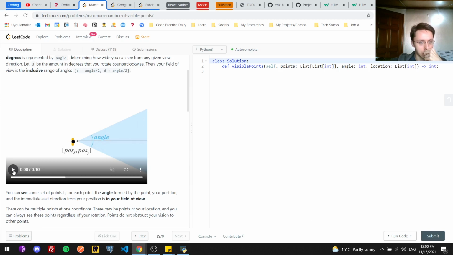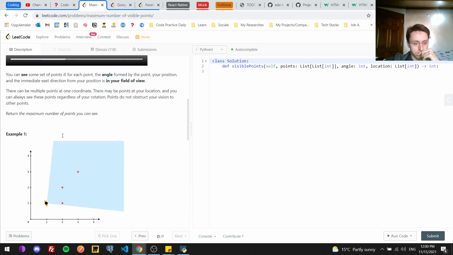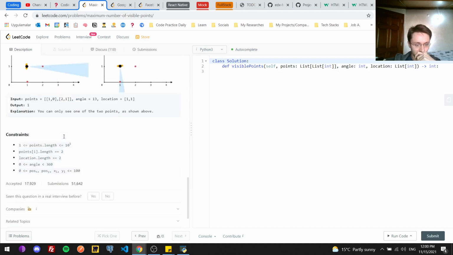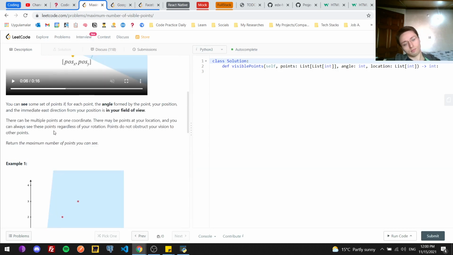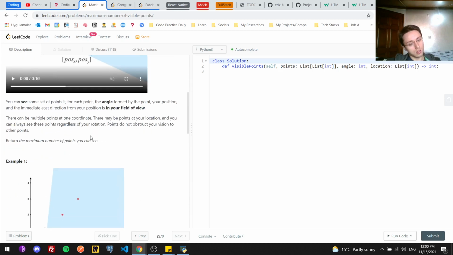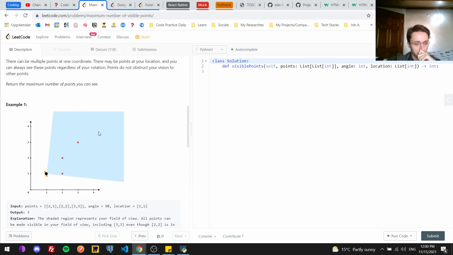So how do we get this area? How do we get that area?